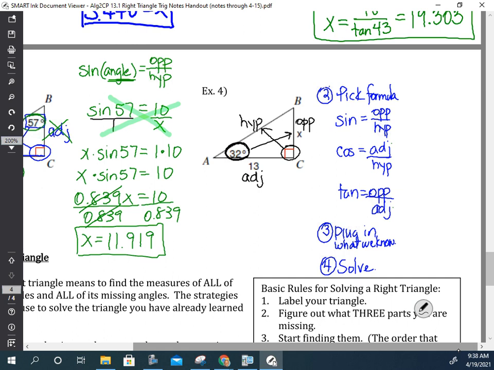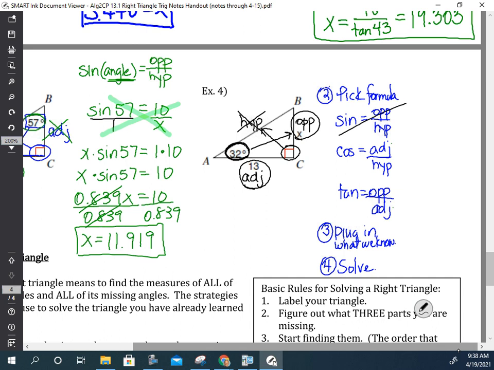Step 2 is to pick the formula. So look at the 3 sides. Opposite has an X on it. Adjacent has a 13 on it. Hypotenuse has absolutely nothing on it. So we're not going to use a formula that has hypotenuse. Sine is not going to get used.